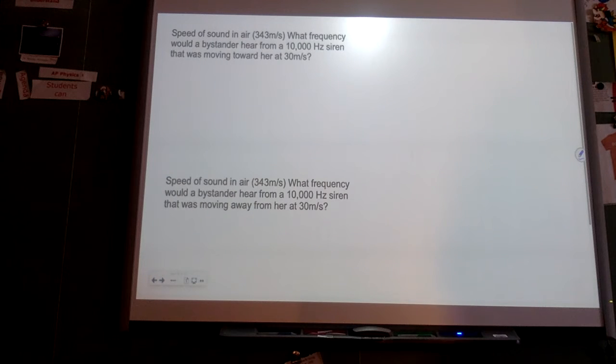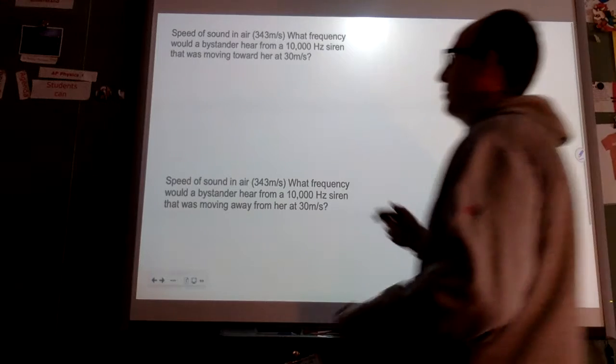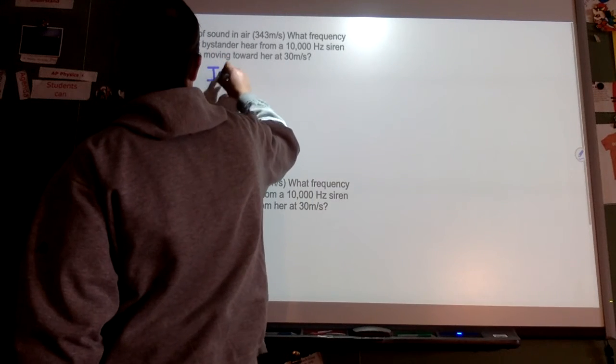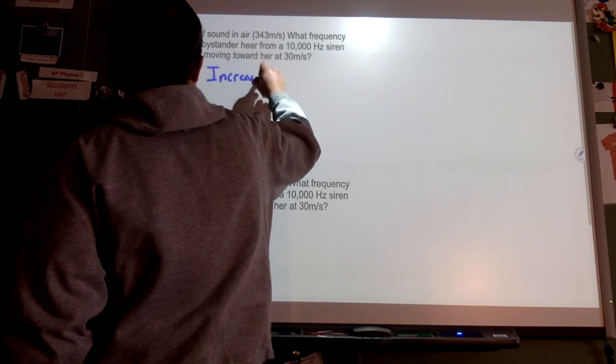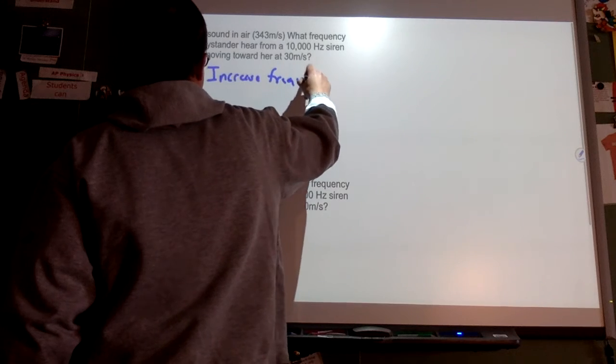The speed of sound in air is 343 meters per second. What frequency would a bystander hear from a 10,000 hertz siren that was moving towards her at 30 meters per second? Okay, so if it is moving towards you, I want an increase in frequency. It would seem higher pitched.